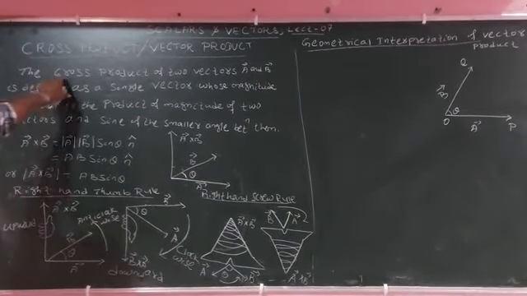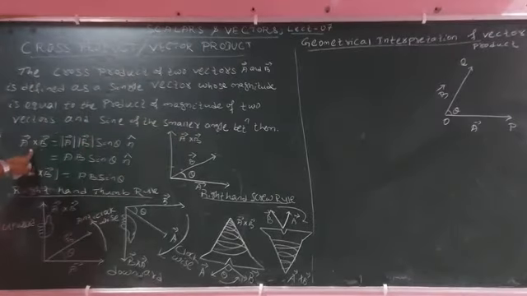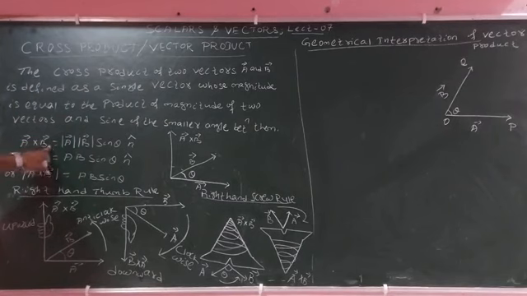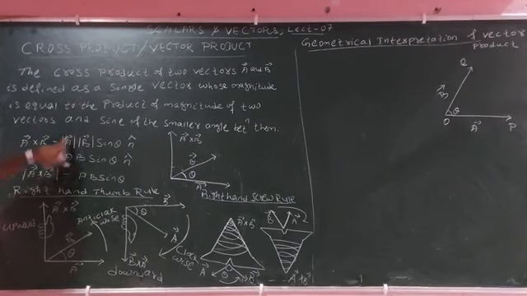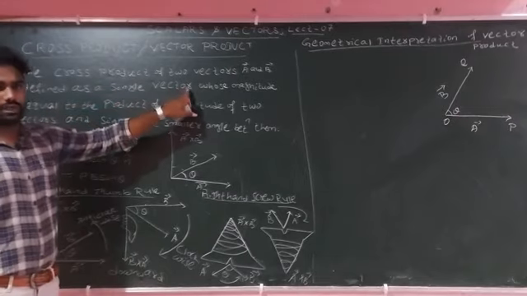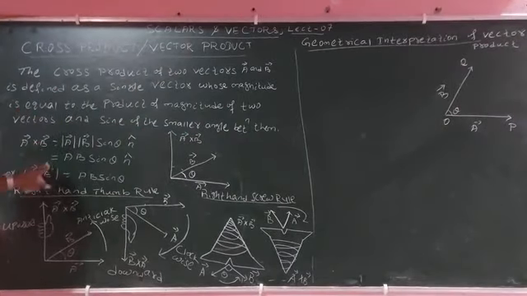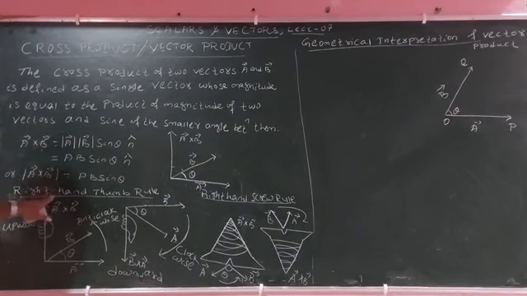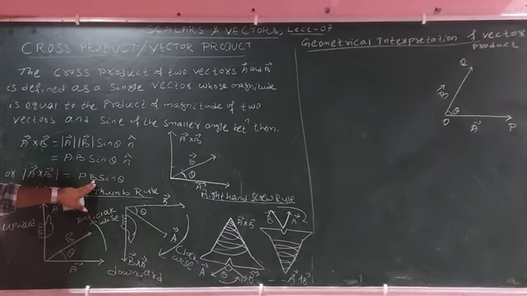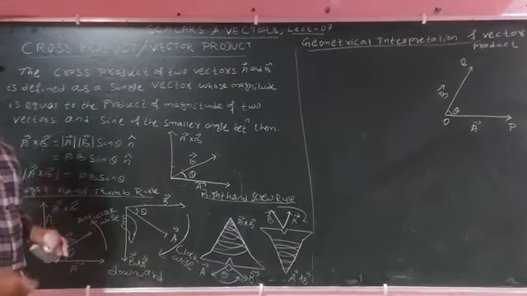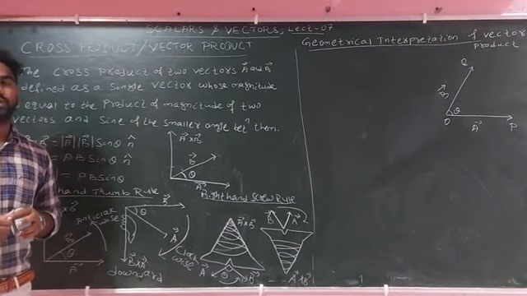Then the cross product of two vectors, A and B, is defined as a single vector whose magnitude is equal to the product of the magnitudes of the two vectors and the sine of the smaller angle between them.